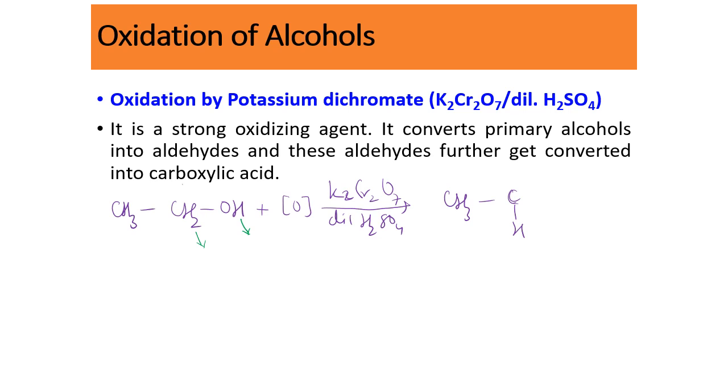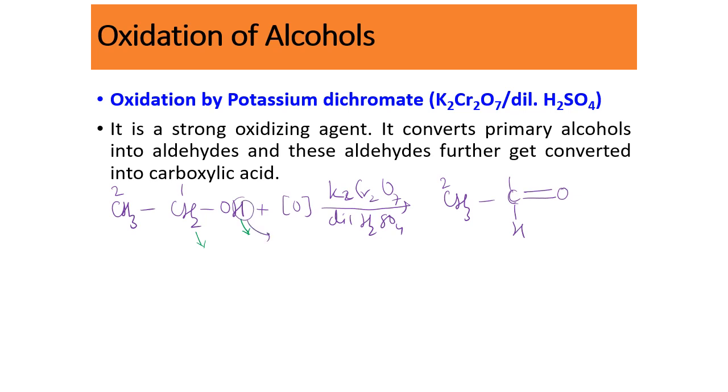so carbon number 1, carbon number 2. So this is carbon number 1 and carbon number 2. So carbon number 1 is losing one hydrogen. So now only one H is remaining on this carbon, and this single bond O will become double bond O because this hydrogen is also lost from the system.